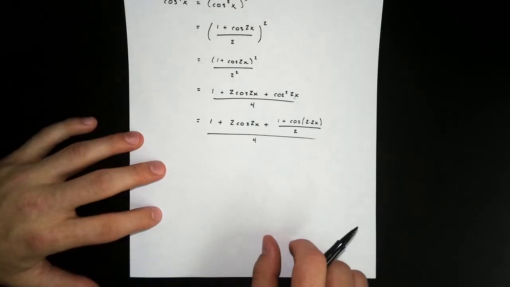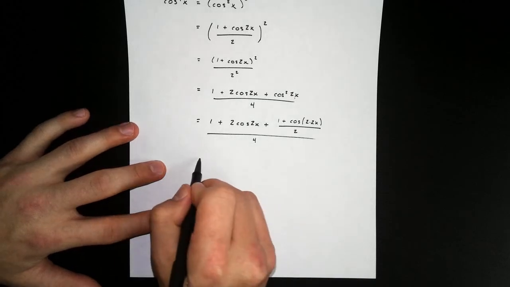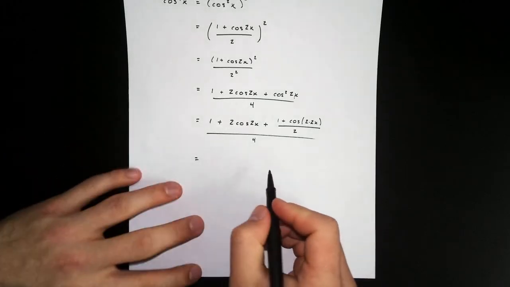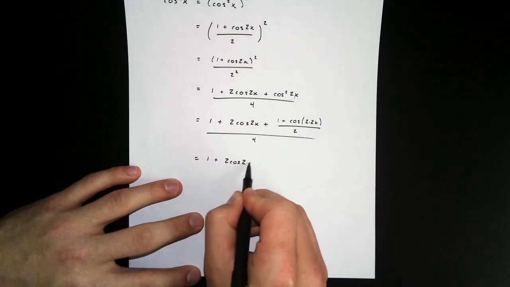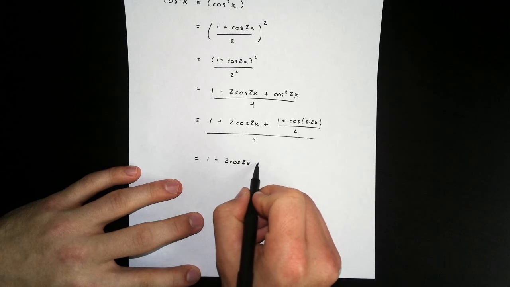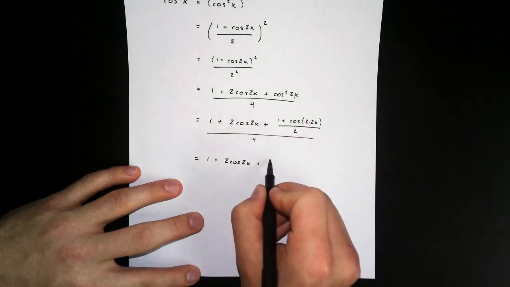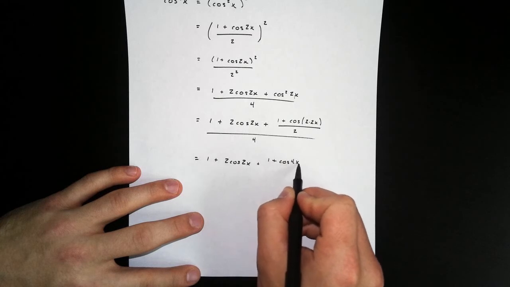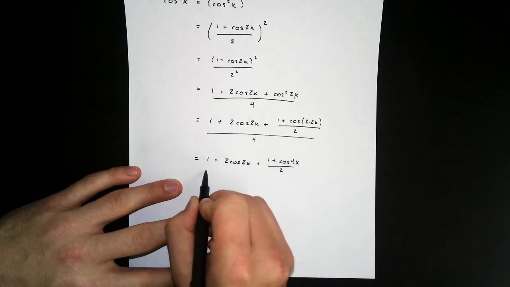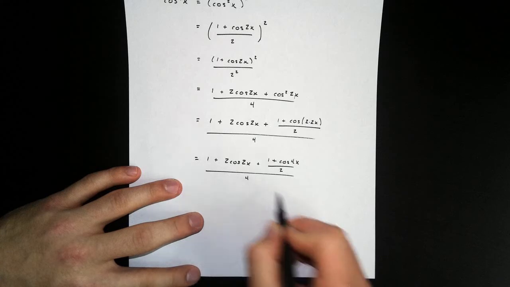All right, so it's kind of messy so far, but we can work with this a little bit. We've got 1 plus 2 cosine of 2x, and then we have this fraction. I'm just going to multiply those things together. 1 plus the cosine of 4x over 2. This is all over 4.